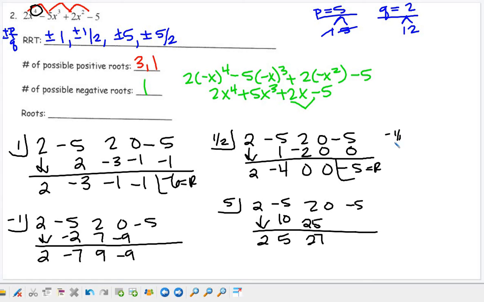Let's try negative 1/2. So 2, negative 5, 2, 0, negative 5. So 2 times a negative 1/2 is a negative 1, which would be a negative 6, which would be a positive 3, which would be a positive 5, which would be a negative 5 over 2. That's not it.